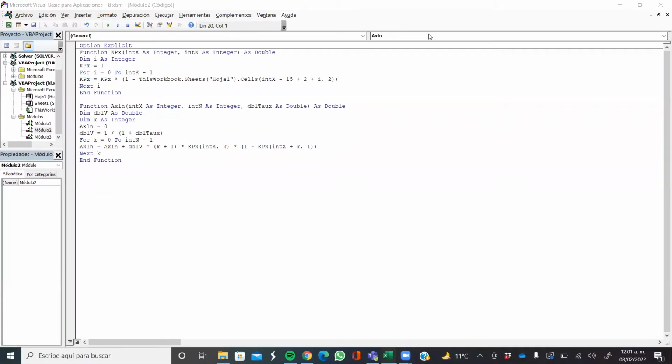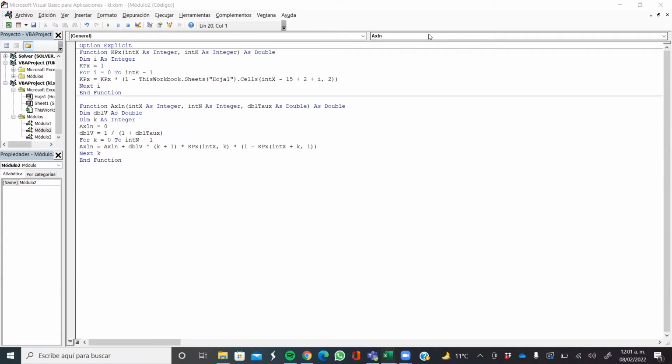So now we see how we program it in Excel. This function will calculate the present value of a monetary unit payable at the end of the year of the death of the person aged x.